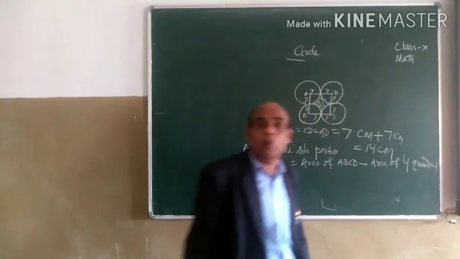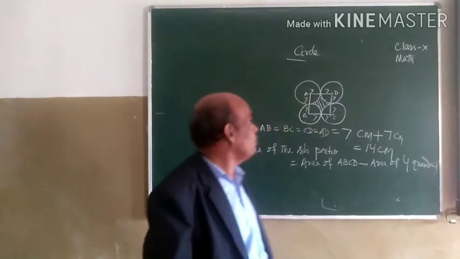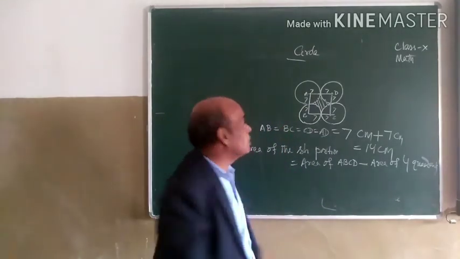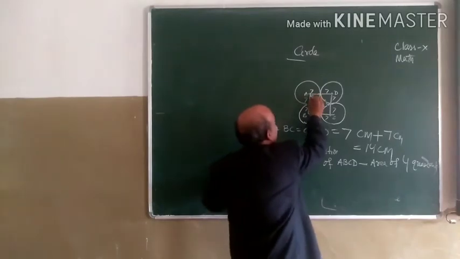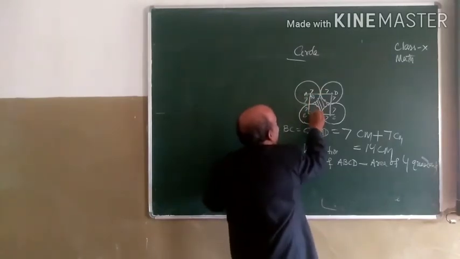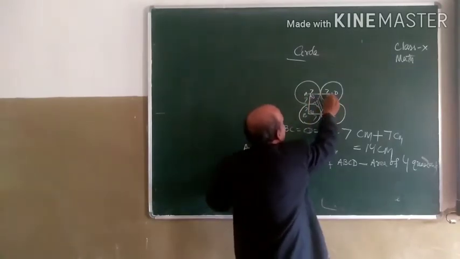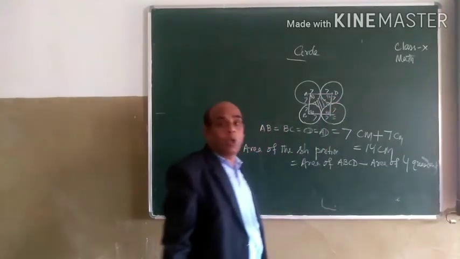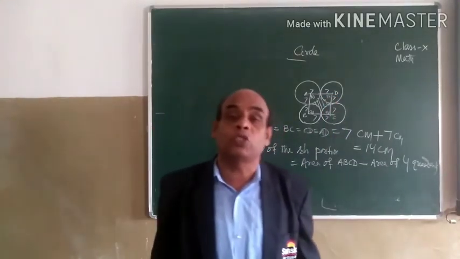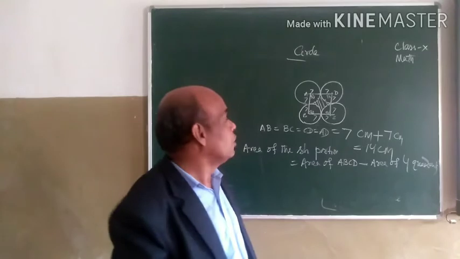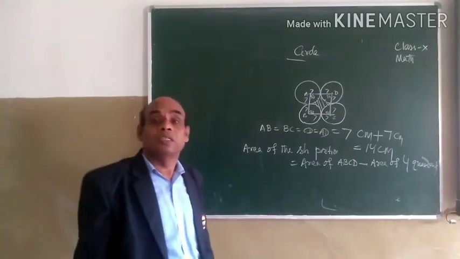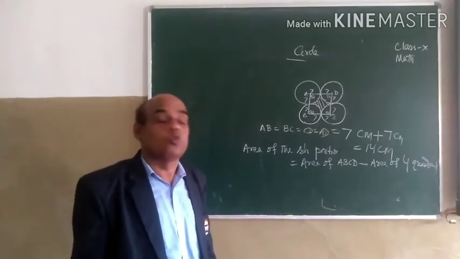Why is that called a quadrant? Because quadrant means the center angle is 90 degree. Angle A is 90, B 90, C 90, D 90. Because already you know all the angles of a square are 90 degree. So each of them is called a quadrant.